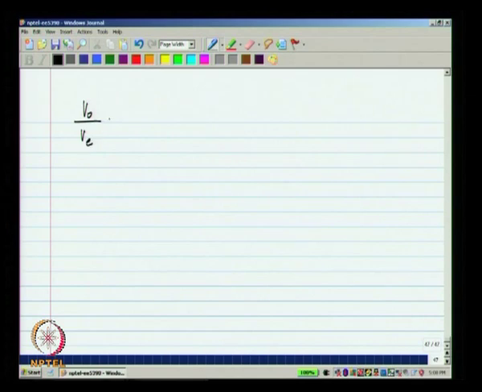So, V naught by VE is of the form the unity gain frequency of the op amp, I will just refer to it as omega u divided by S, that is what is outside, that is GM1 by SCL, 1 plus Z1 by S. Normally, we express things as polynomials in S, but in this case I have the opposite.